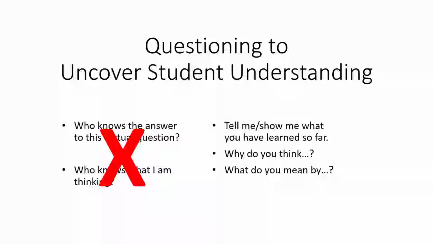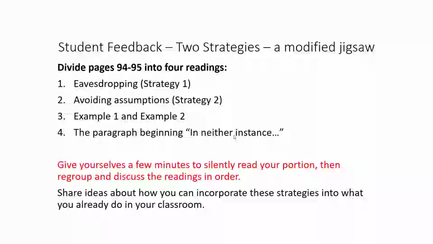If we get students deeply involved in their own thinking about their learning and have them share that with us, it's a profound way for us to really gauge the learning that's happening in the classroom. A couple of other strategies that are mentioned in the Hattie book are eavesdropping and avoiding assumptions.